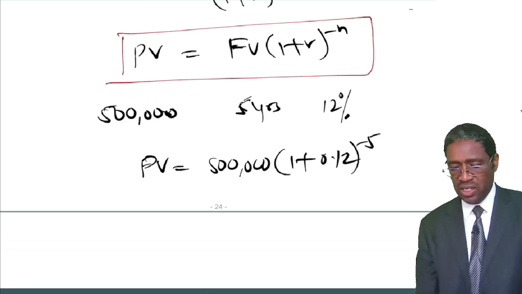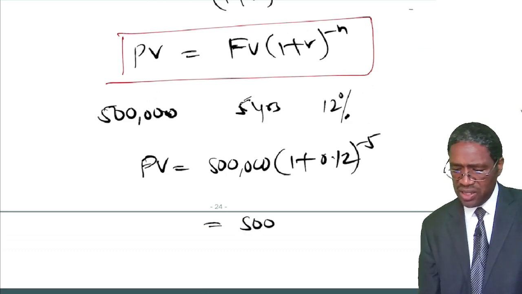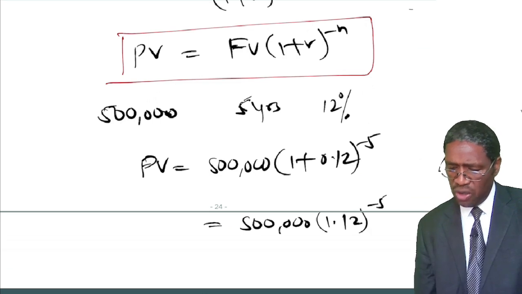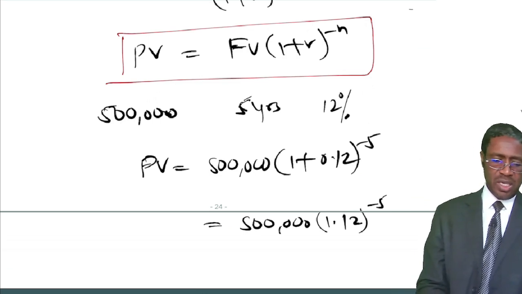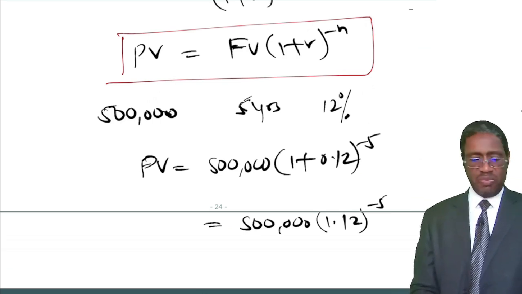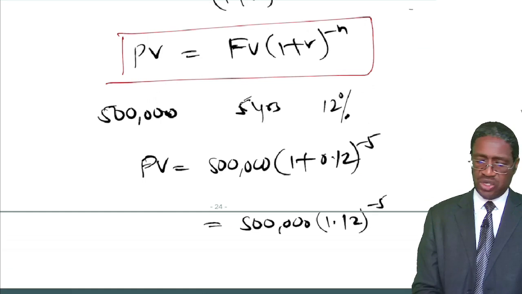That is the formula. This will become 500,000 into 1.12 to the power of negative 5. So let me see what the amount will be.